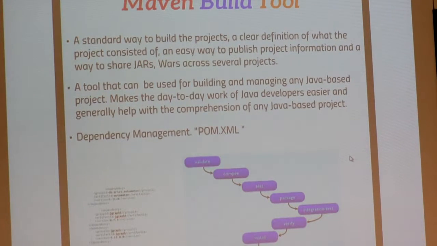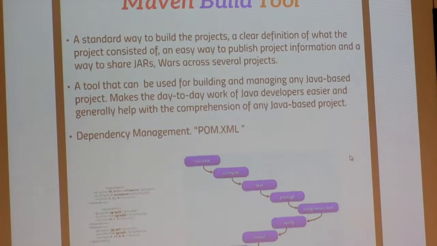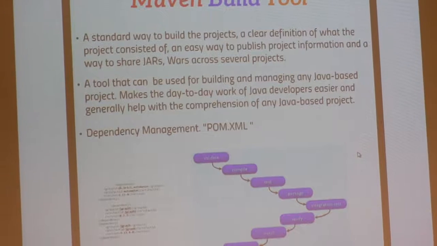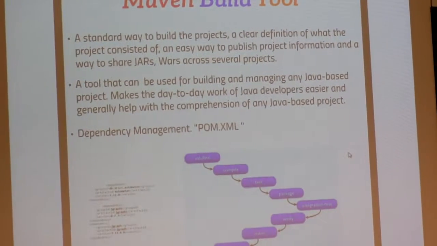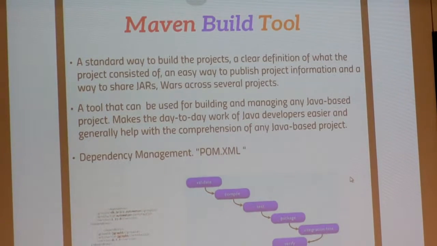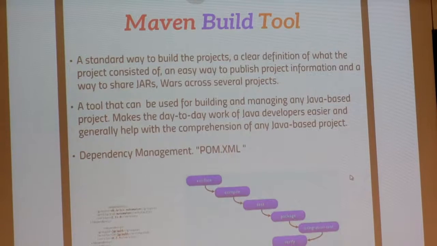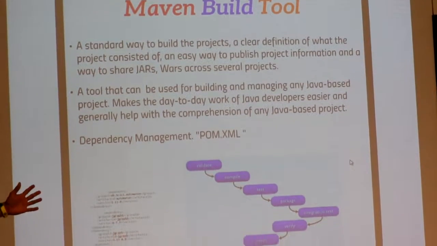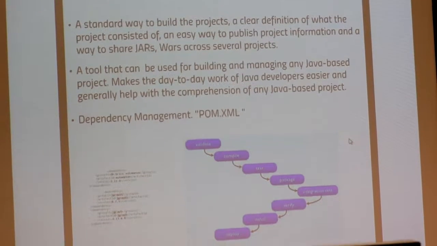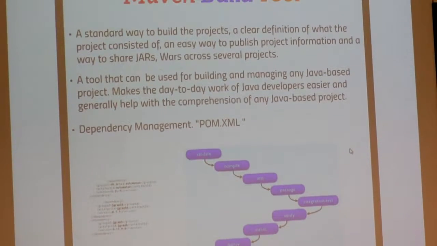Maven is nothing but a build tool. It is building our application in the structure that is required by the standard protocols of web applications: what the hierarchy of the folders is, where the files should be, and how they communicate. It already knows all these things and does them for us, so it's easier for us to work on.